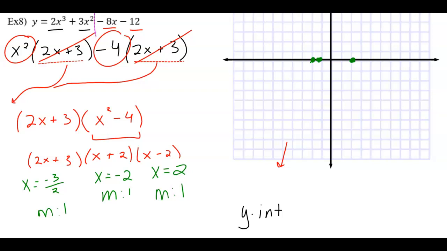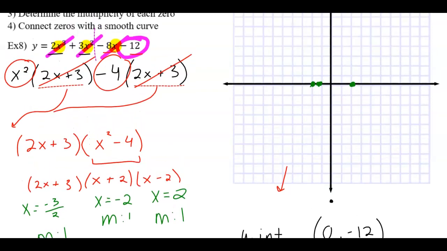If I go back up here and plug in 0 for all of my x's, that term cancels, that term cancels, that term cancels. I'm left with the constant. So my y-intercept would be -12, which would be a little bit below the graph. It would be about right here, but that kind of shows you how far that hump is going to go down. So we at least know one of them a little bit more accurately.